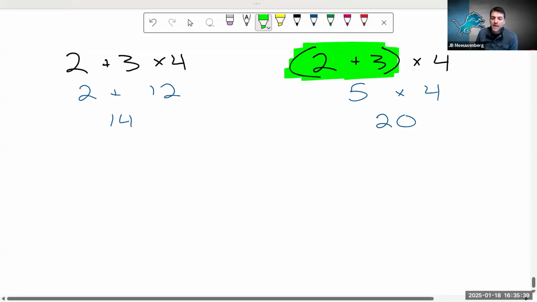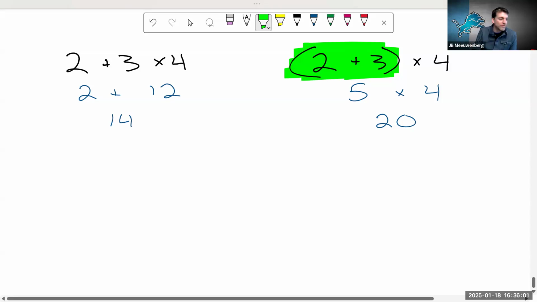So what I want you to do is make a large Venn diagram with three circles. We're going to be doing this same problem about four different times, so we're really going to be doing three different triple Venn diagrams here.